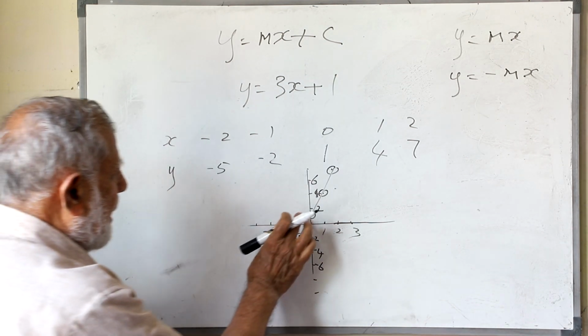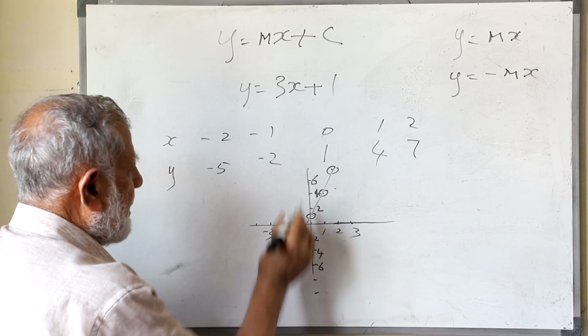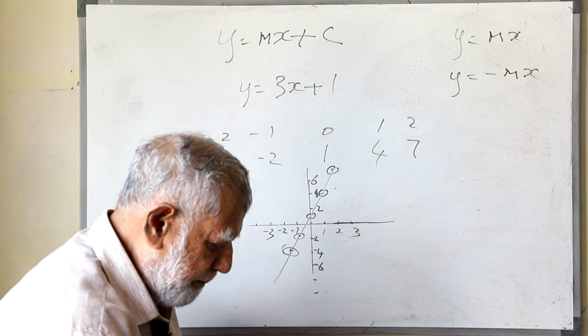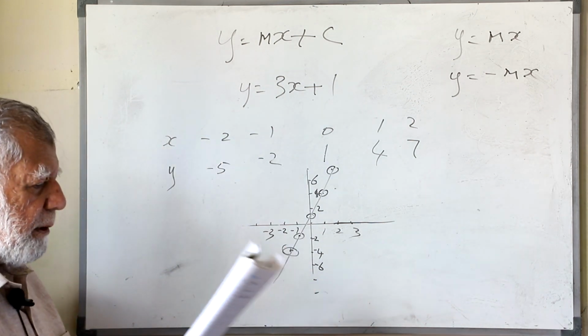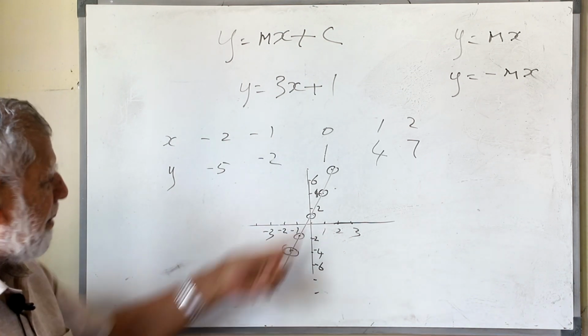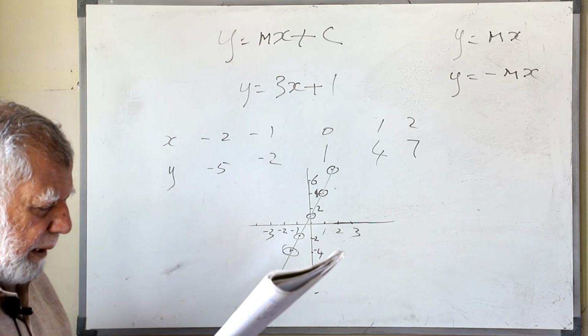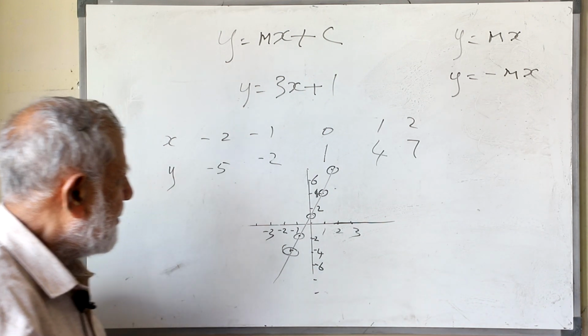And 1 is here. 1, 2, 3, 4, 5, 6. And minus 1, minus 2, minus 3. So you will notice that in this graph also, y is equal to mx plus c, you are getting a straight line. And you will notice that it is not going through 0.